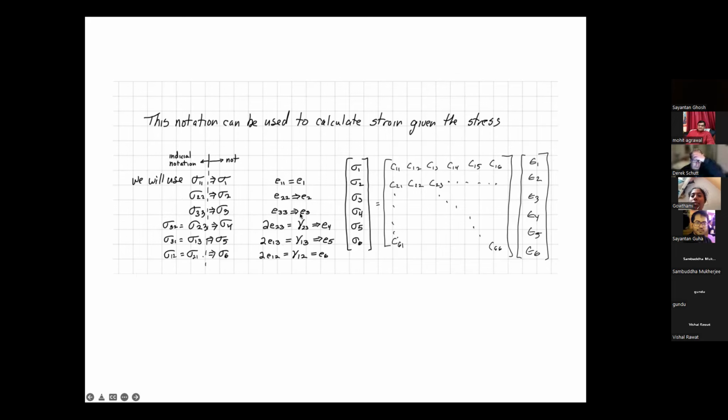And then for the strain, we will use these terms on the right. And they represent these terms on the left from our 3x3 strain tensor. So what's notable is E4, E5, and E6 are actually 2 times E23, 2 times E13, and 2 times E12. So that is one perhaps surprising difference when we go and calculate the strain or stress with the Voigt matrix.